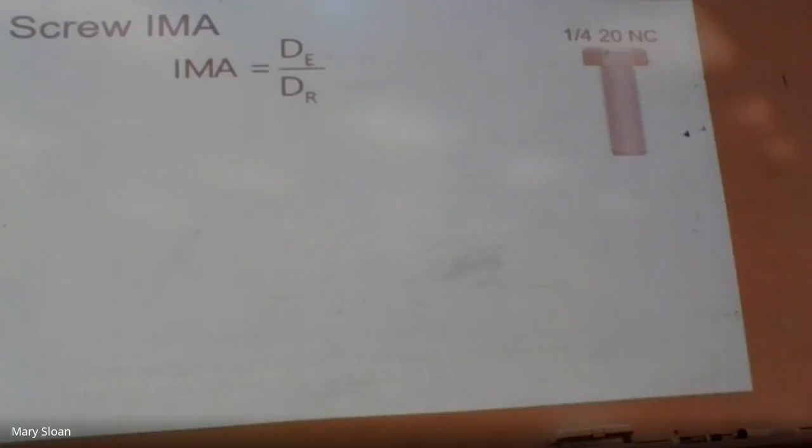Okay, so here is our equation again. We're going to do an IMA and an AMA again. So our IMA is DE divided by DR. Same thing we had for the wedge and the incline plane.